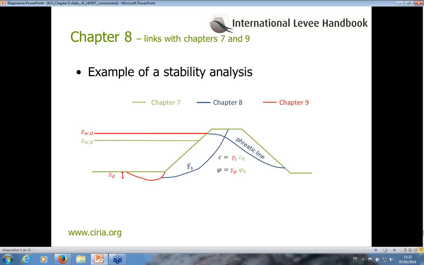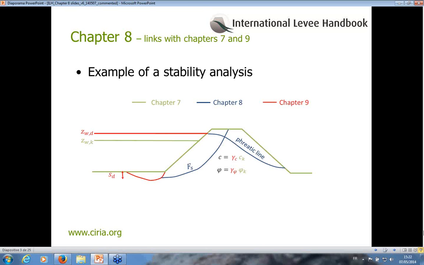Chapter 7 provides methods to determine the characteristic values of loadings and actions applied on the levees, for example, characteristic water levels Zk, and also the nature of soil from which levees are formed and founded. For example, here, the characteristic values of cohesion, Ck, and internal friction angle, phi k.